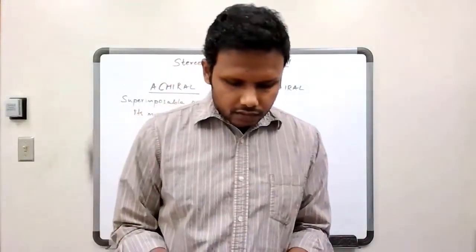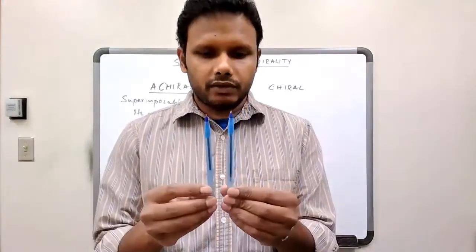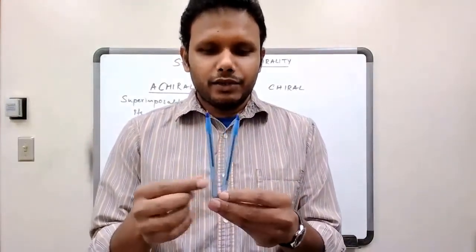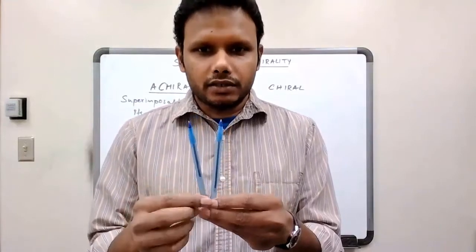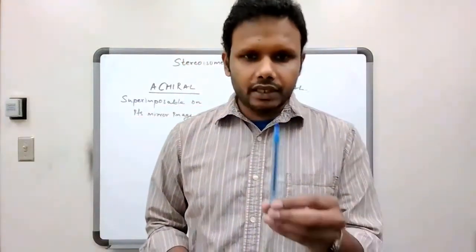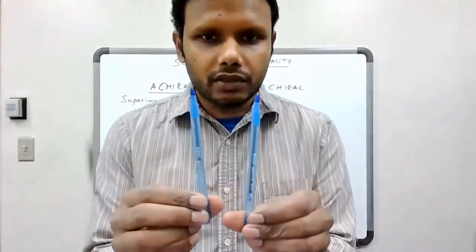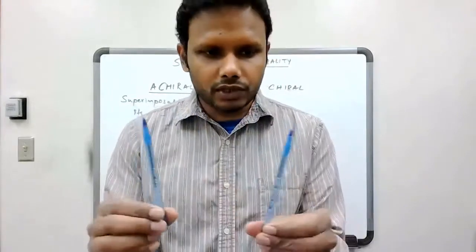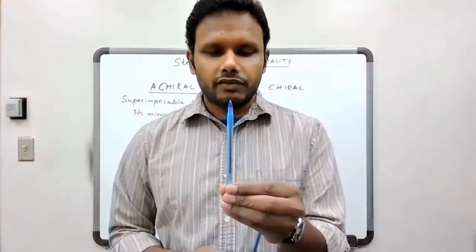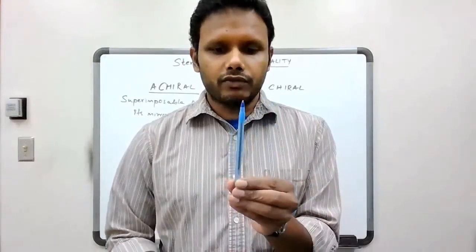For lack of resources, I have two pens that I found in my office. Ignore the ink content and the inscription labels on these pens. Let's say these are just two pens, and I hold this pen in front of a mirror.